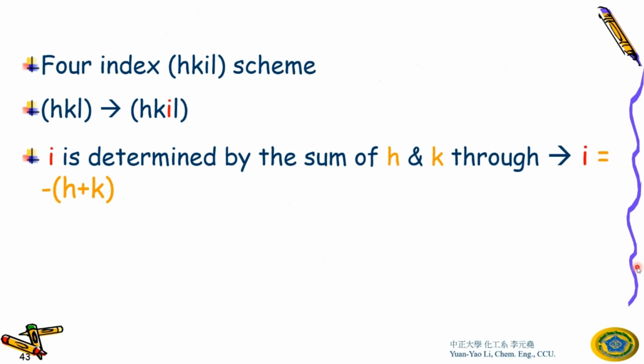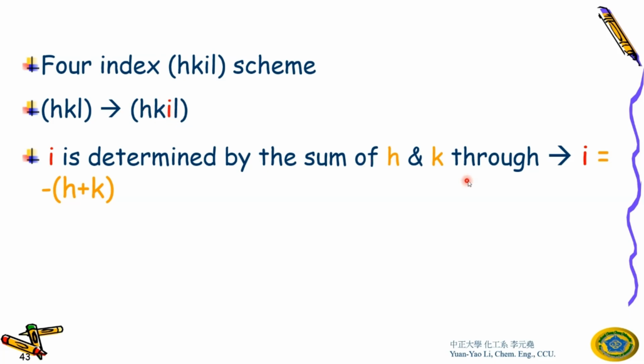Okay, so the 4 index scheme and the 3 index scheme can be converted to each other. As I just told you in the case of the direction, the plane also applies the same concept or same scheme. But this is easier. So i is determined by the sum of h and k. So h and k, in this Miller index for the 4 indices, you have an extra i here.